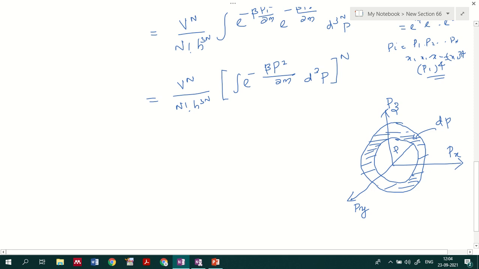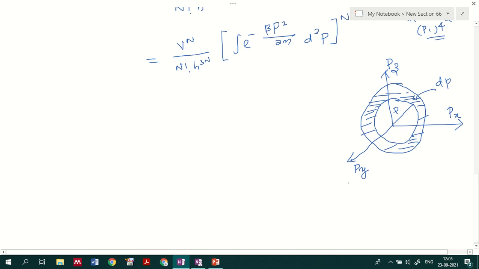Now if you want to consider dp raised to 3, that is the volume, it is the surface area into thickness, like we have done in the last class about the classical ideal gas in the microcanonical ensemble.